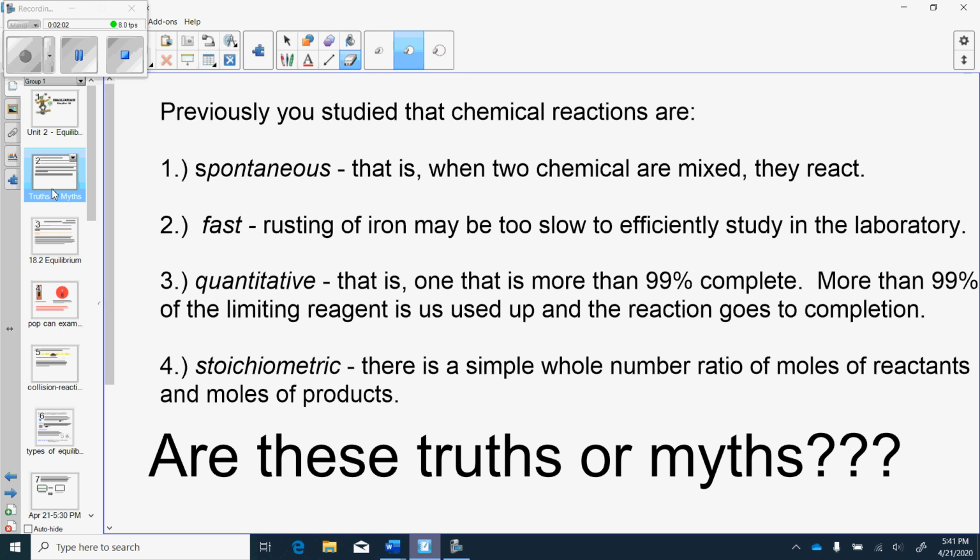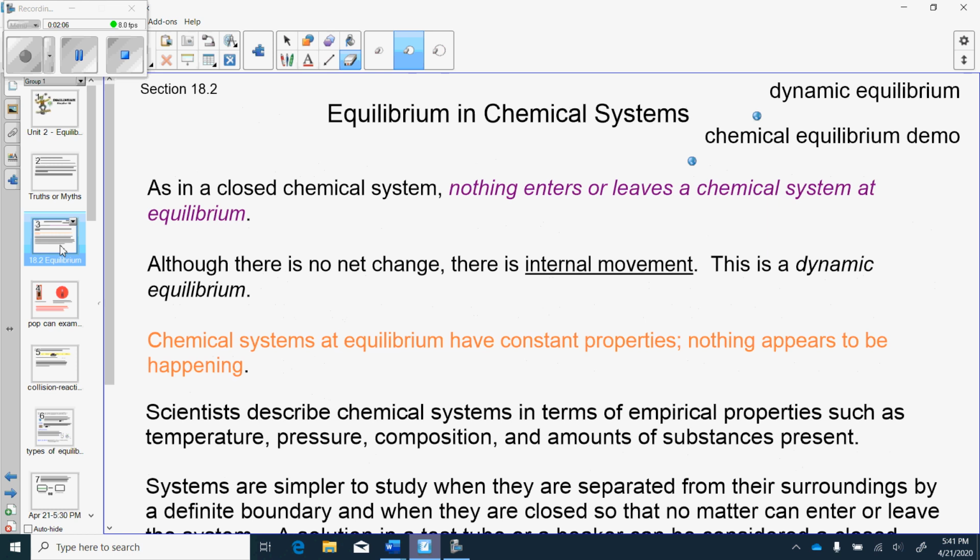If you take a look at our next slide, before we can jump right into what's meant by equilibrium or a reversible reaction, we need to describe what a closed chemical system is. A closed chemical system is a system where nothing is entering or leaving.